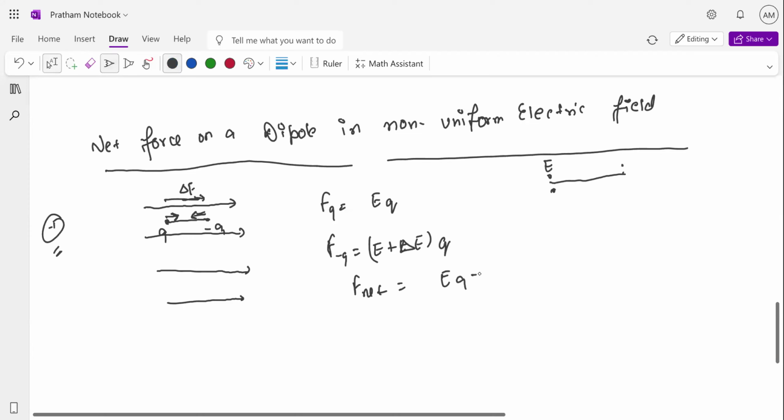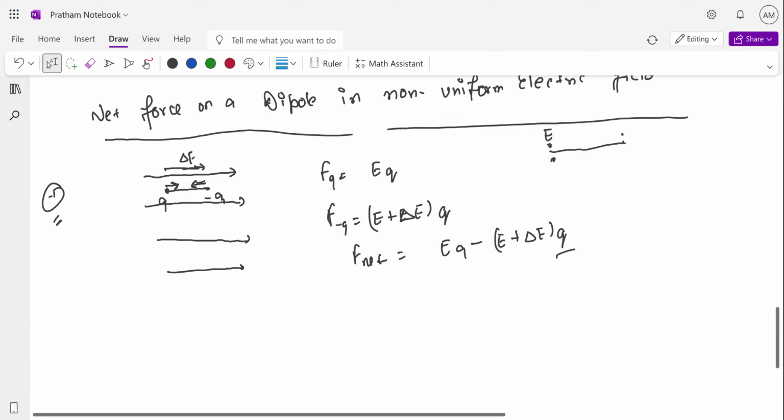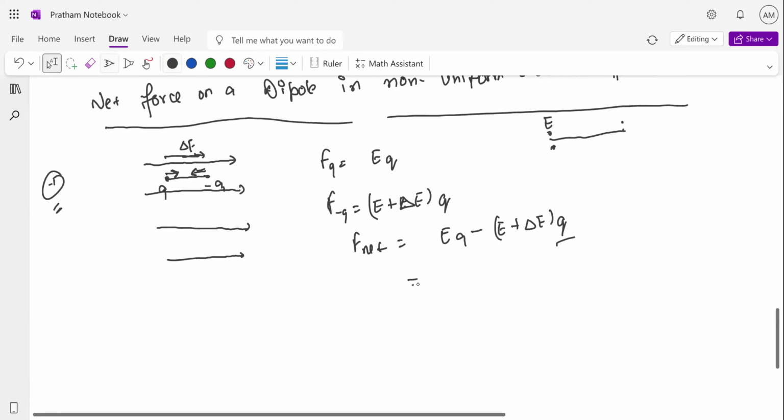You can write qE minus q(E plus delta E). One charge is negative, one charge is positive, so if you add both of them, you are going to get this. Understood this part? So if you solve it out, you are going to get q delta E.